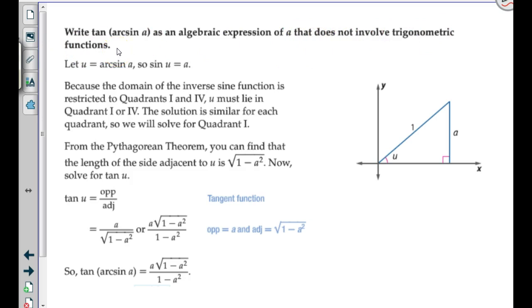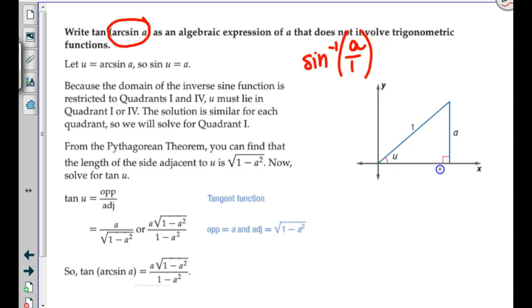Okay, so what you would have to do is think of when you have a sine of A, sine is opposite, I'm just going to write it this way, but the sine is A, or A over 1. So if I were to put that on a picture, opposite over hypotenuse would be A over 1.